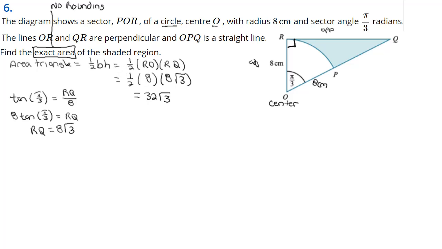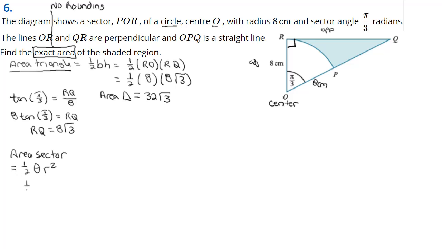Now all I've got to do is find out the area of this sector, and I'm going to be in business because I'm just going to subtract them. So let's label this because I'm going to have to come back to it later. And let's go ahead and figure out the area of the sector. I've got the angle and I've got the radius, so it really is just an issue of knowing the formula, which is 1/2 times the angle times the radius squared.